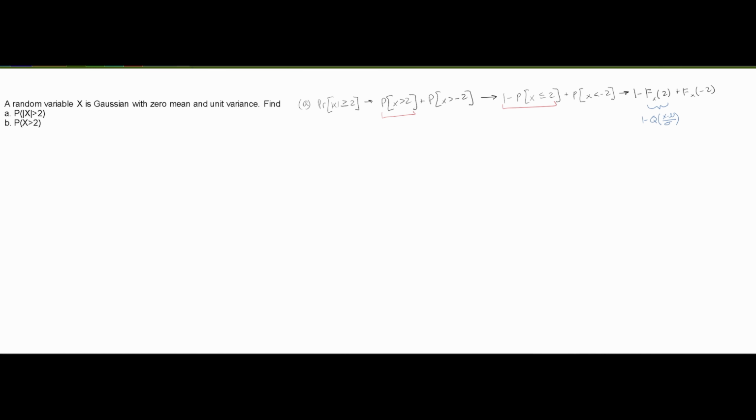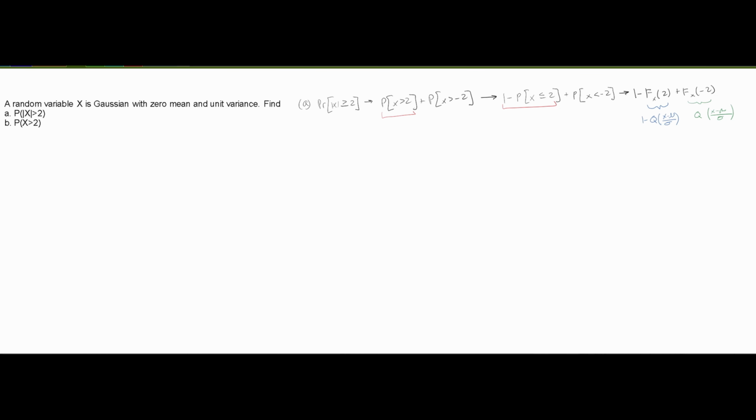So we have the mean and the unit variance. And then for the next one right here, it's a little bit different, where we just have the Q of x minus the mean over the unit variance. So these are the two differences right here.